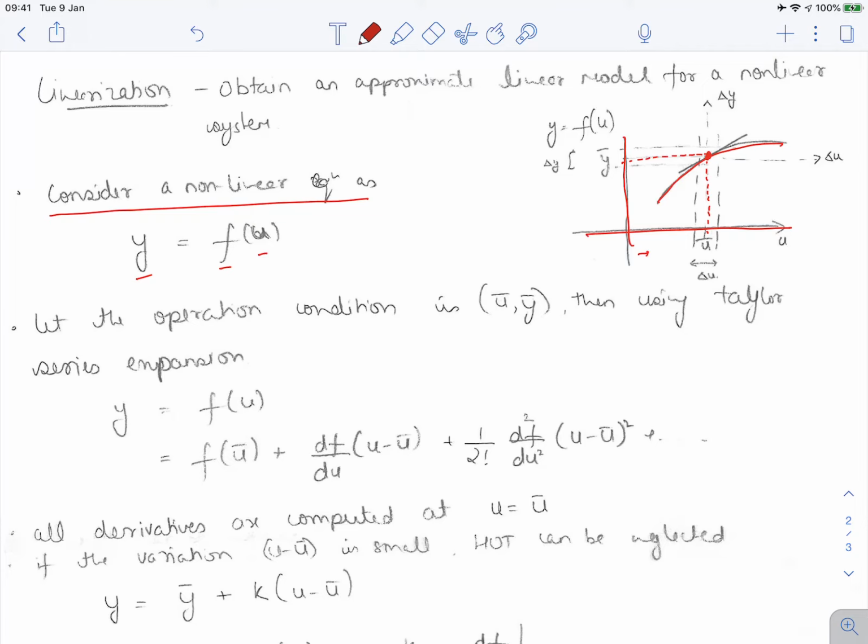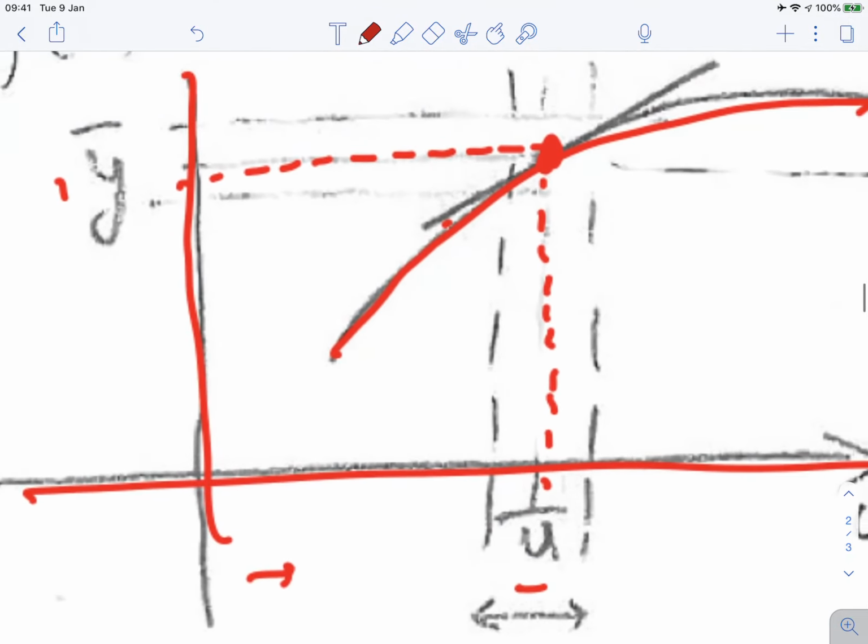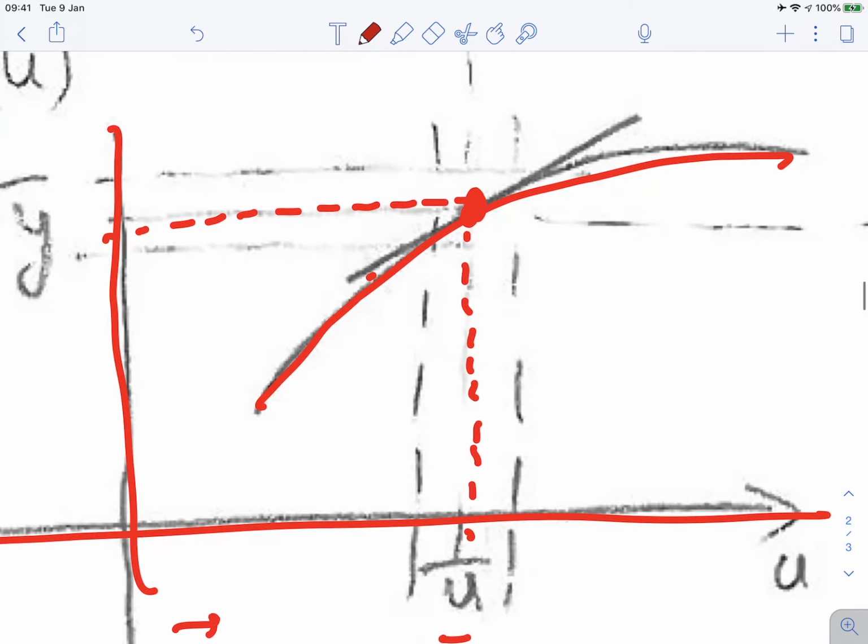Okay, so let's select this u bar point and y bar point, and at this point I will draw a tangent. I think you could see the zoomed version. So around this point I will draw a tangent, which is passing through this nonlinear curve.